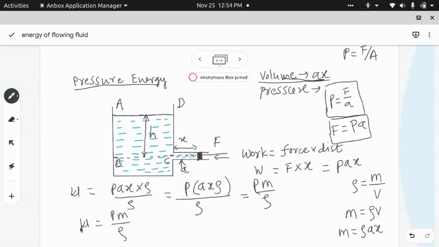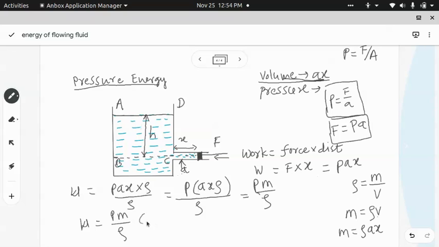So we have calculated the work done while moving this piston in the inward direction of the opening, and that work is stored in this liquid as potential energy.